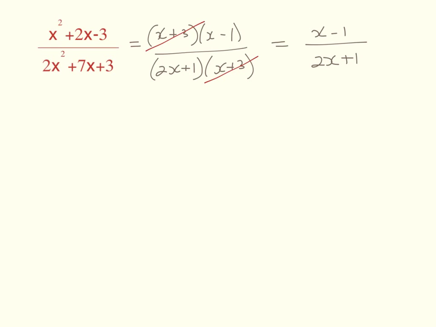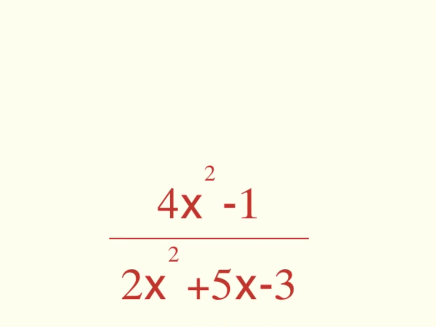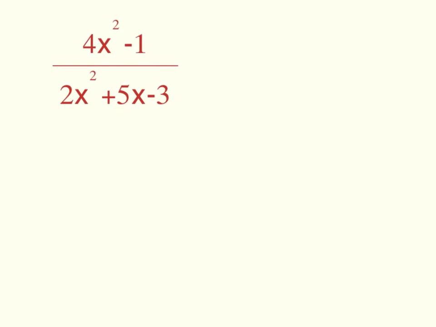Okay, let's look at another problem. So here we've got another situation, and again, I'm going to make the assumption you can factorize. You will need to factorize this. Once you factorize it, you are going to get a difference of squares at the top, which gives us 2x plus 1 and 2x minus 1, because that's a difference of two squares at the top there.